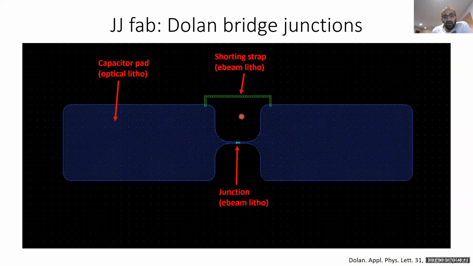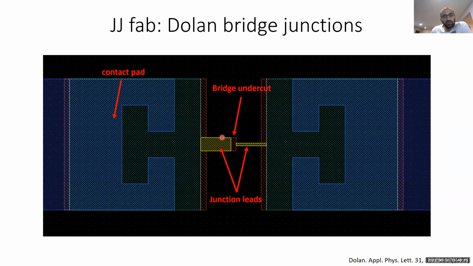If I zoom in to this region here, this is what the design will look like. I have my junction leads here, and I have the bridge right here. The bridge we will dose with a low dose, and the junction leads will be exposed with a high dose. Over here we have these contact pads that will form the connection between the junction and your capacitor pads.